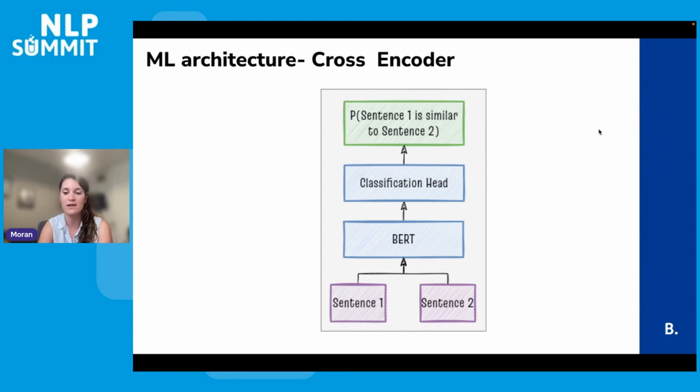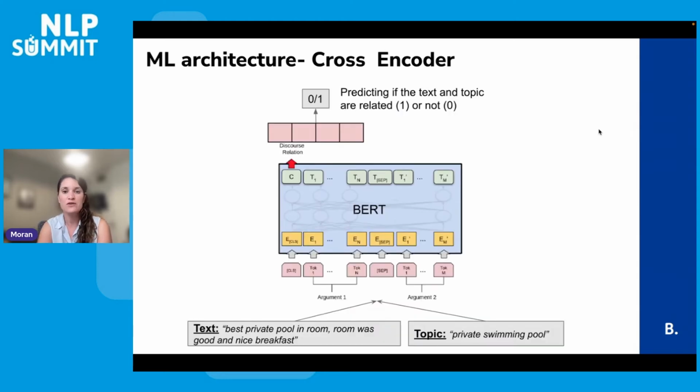What is the probability? So what we are doing with Booking data is we take each text, for example, "best private pool in room was good and nice breakfast," and the topic itself. We have positive samples and negative samples for these pairs. Then we insert them with a separator between them, so we have the first part of the sentence, then the separator and the second part of the sentence.